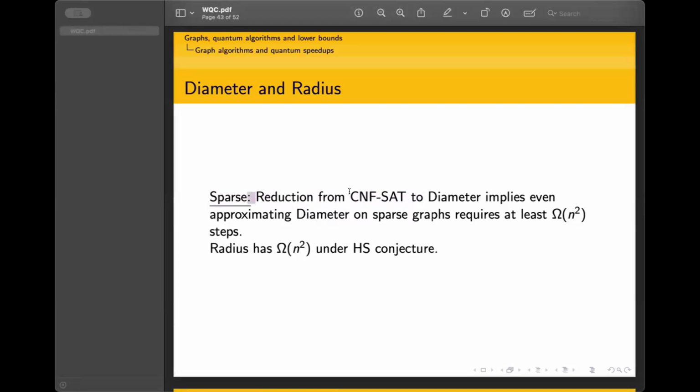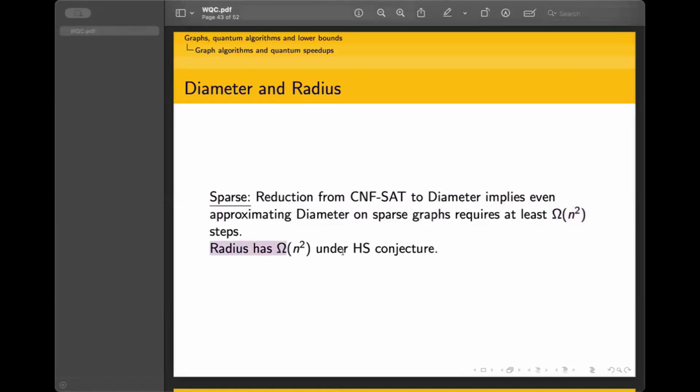So this reduction is again a very non-trivial result. I don't expect you to have an intuition on how this reduction looks. But the result stands: diameter cannot be solved faster than n squared time.